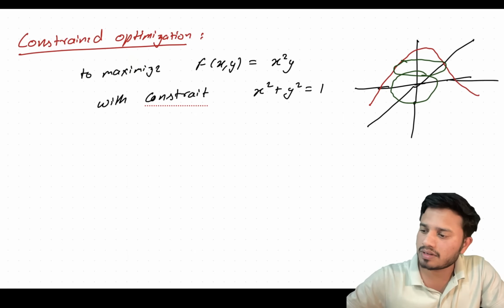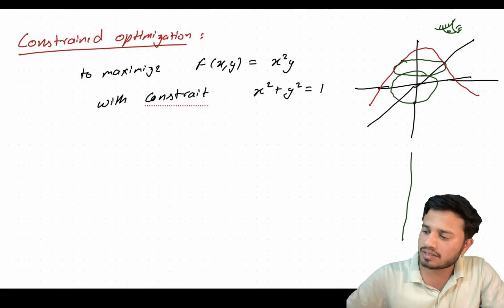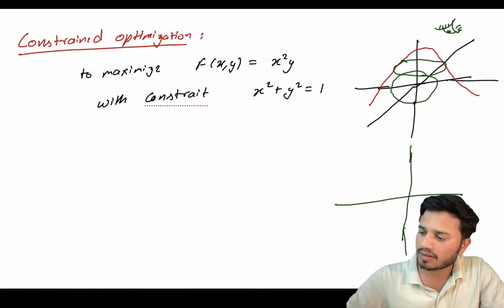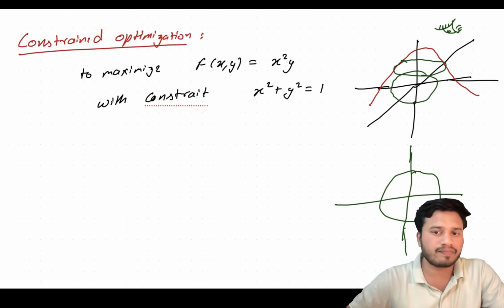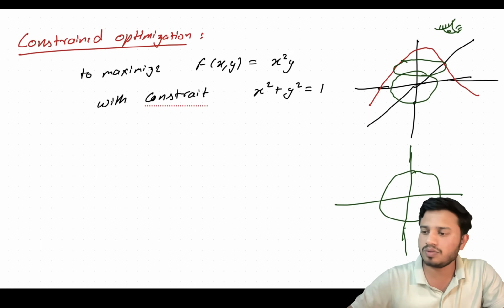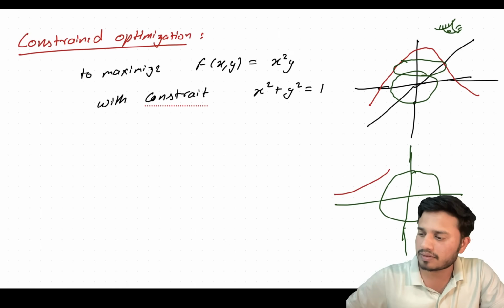You'll see that the curve will look like this. This is our set in which we recognize these values. The contours for this case will look like this.